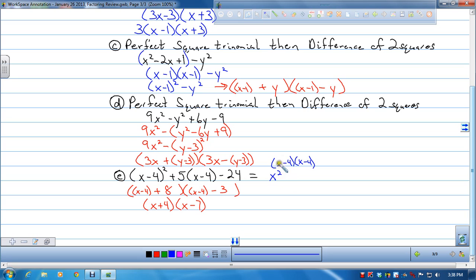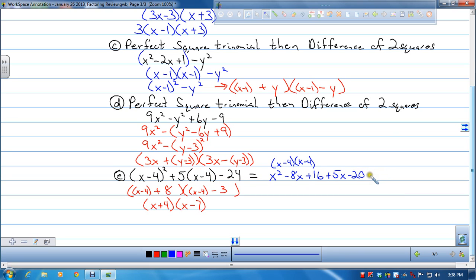So I'm going to FOIL this, or just distribute the x and distribute the negative 4. Anyway, I should end up with x squared, because x times x is x squared, minus 4x minus 4x, which would give me minus 8x. And then negative 4 times negative 4 would be plus 16. Now I'll move on and distribute this 5: plus 5x minus 20.